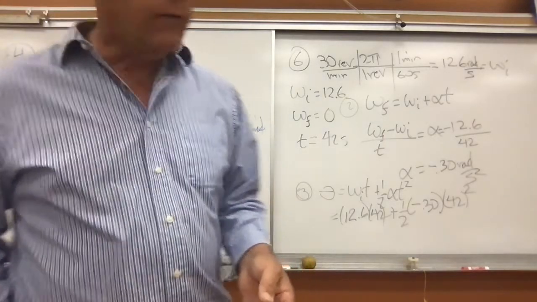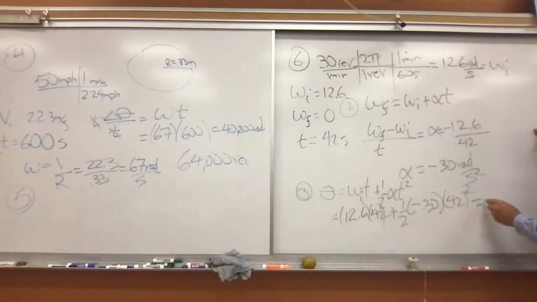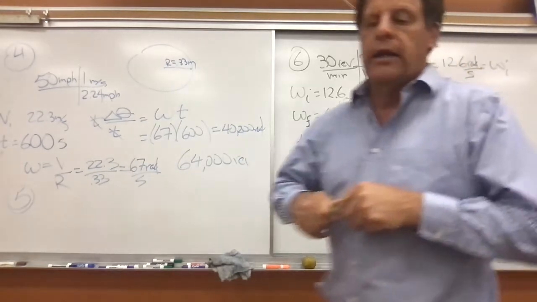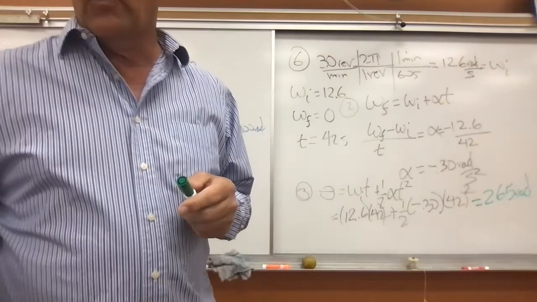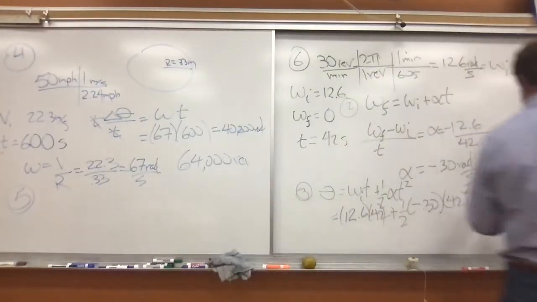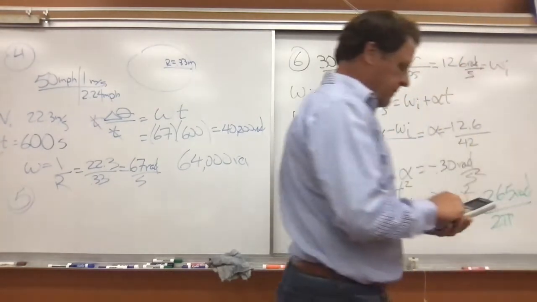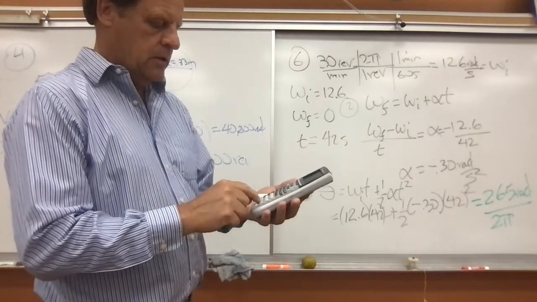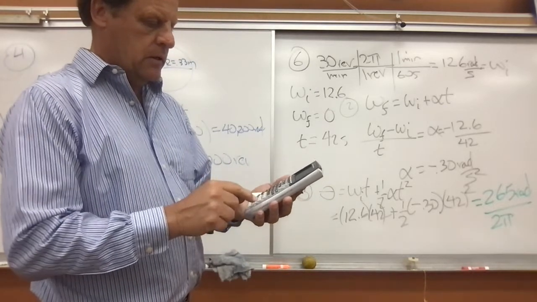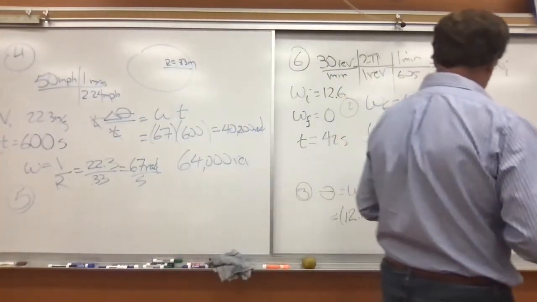So sorry, 265. Okay. So now our answer here is 265, but that is radians. And the question was asking for how many revolutions. So we're going to take 265 divided by 2 pi. And that's going to be 42.1 revolutions.